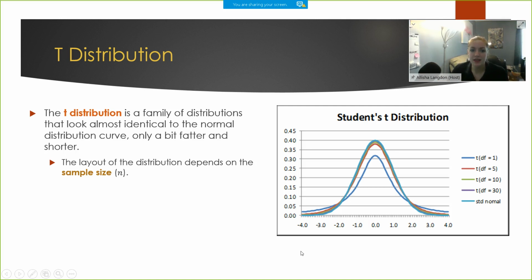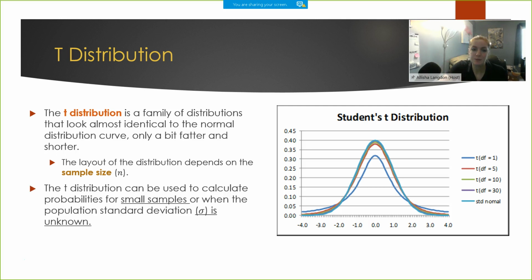So the layout of the distribution depends on the sample size, as I said. Now be careful because, again, we're introducing those variables. Remember, I mentioned variables are super important. Hopefully you've got that note card that we talked about before and you're writing them down. Sample size is going to be represented as n. So for my students in this class, my n would be equal to 200, because that's the number of students in my class that I'm surveying.